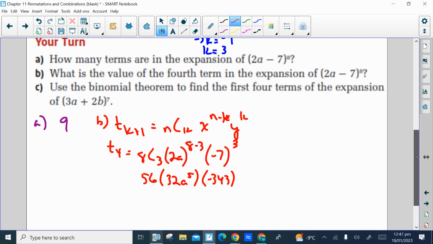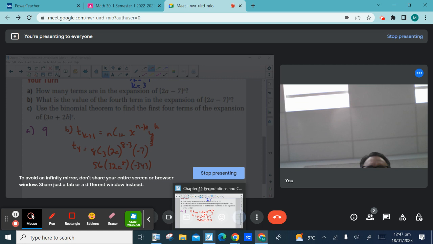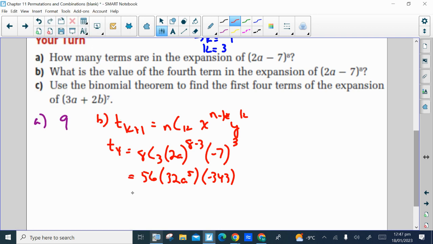So to get the coefficient, you're going to multiply 56, 32, and negative 343 together. So negative 614,656 a to the fifth.